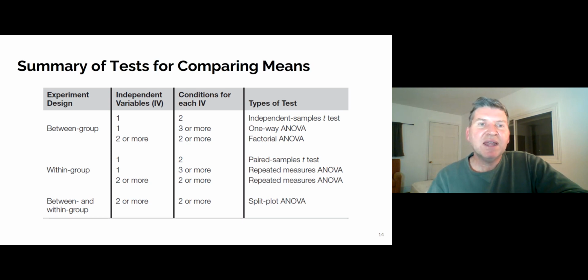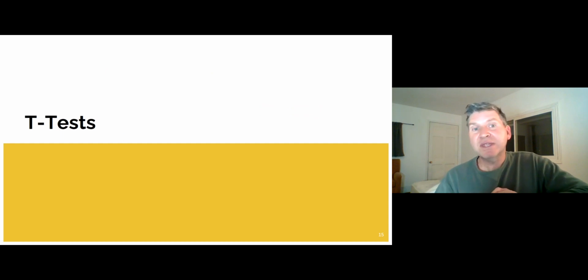But you see, in every other condition, if we have more than 2 conditions for each independent variable or more than 1 independent variable, we've got to use a type of ANOVA, either a one-way, factorial, split plot, or repeated measures. So first we'll start with the t-test.